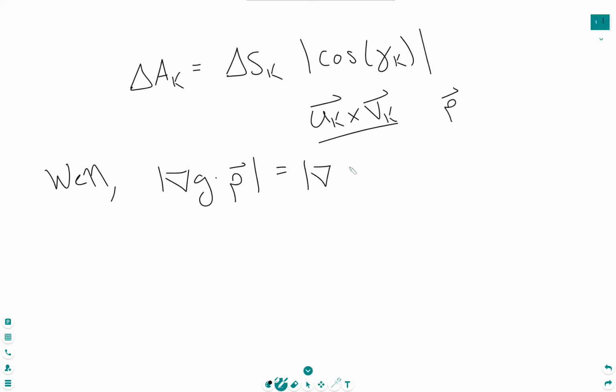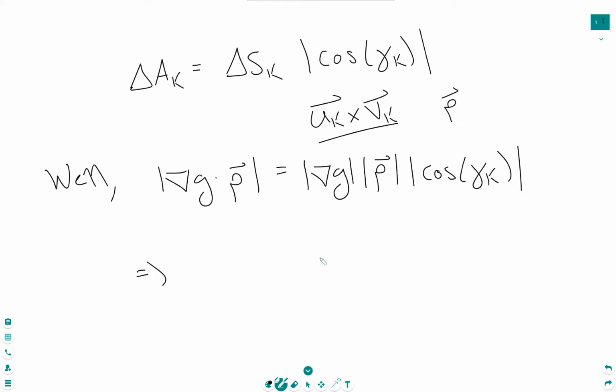Using dot product rules, this is the magnitude of the gradient times the magnitude of the p vector times the cosine of the angle between them. So this is the thing we want, this magnitude of cosine gamma.